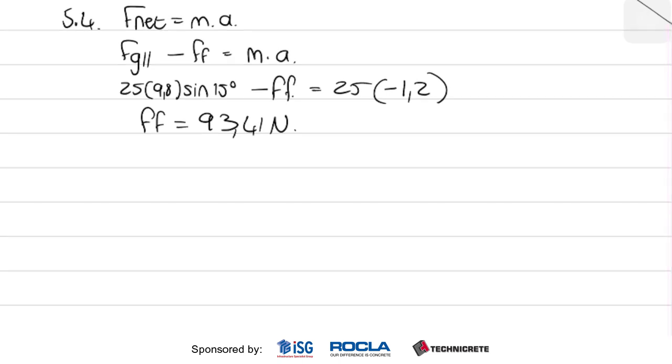And do you see that our acceleration will be larger than this value because it is slowing down. It is accelerating up the slope. It's not moving up the slope, but the net acceleration is up the slope, i.e. our negative here because of this being a negative. I hope that makes sense.